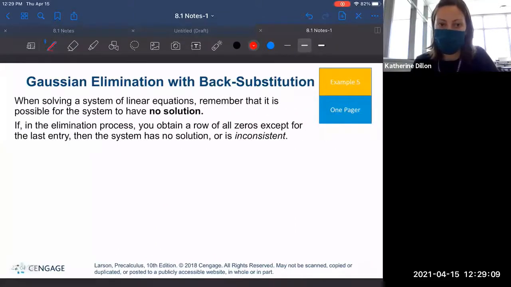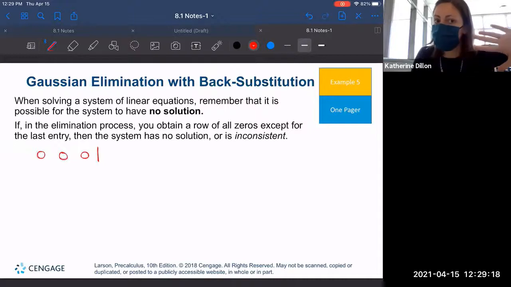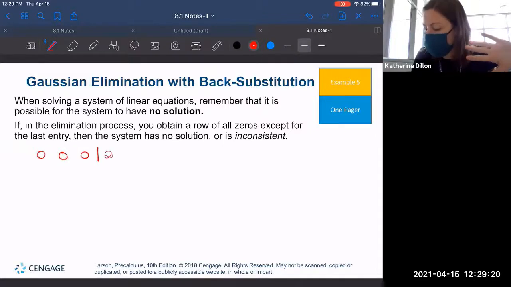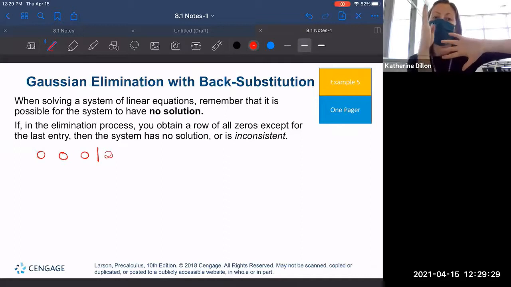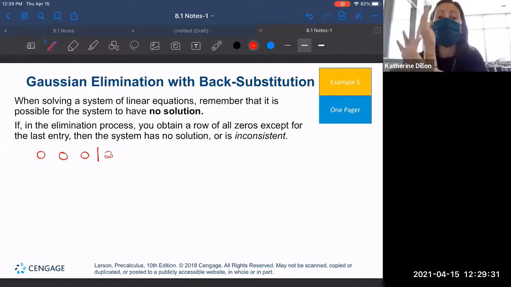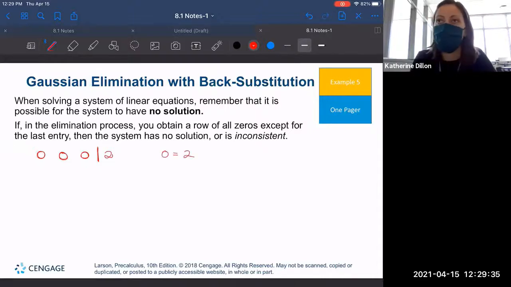We can have no solution. When we have no solution, that means you get a row in your matrix that has all zeros on the left-hand side of the augmenting equal sign, and then some number on the right. It doesn't have to be 2, it could be 0.5, it could be 7, it could be 100. That's exactly like when we get 0 equals 2.